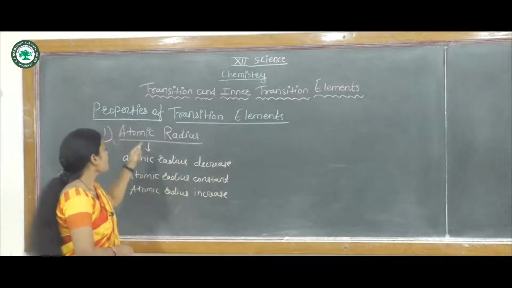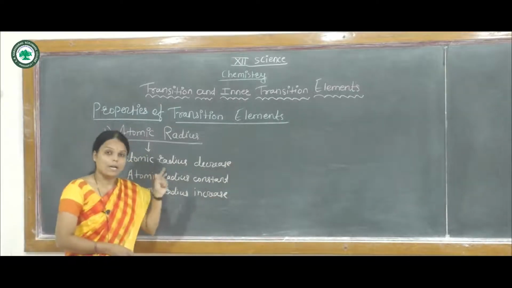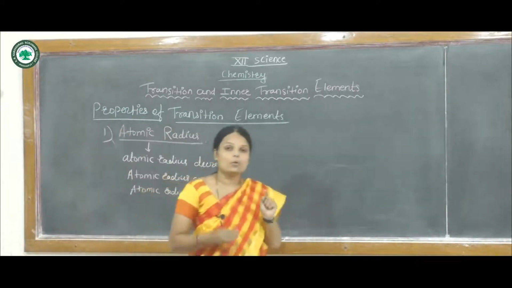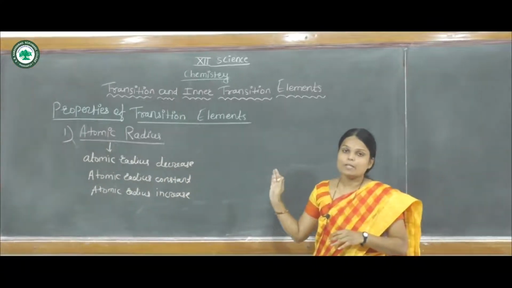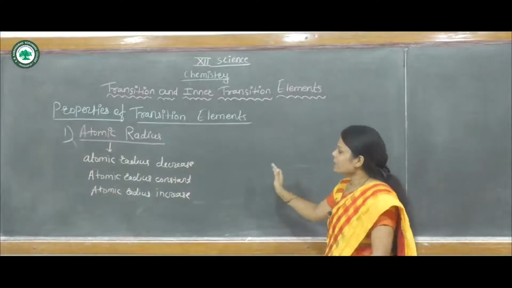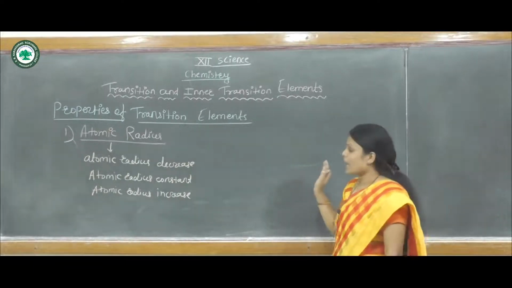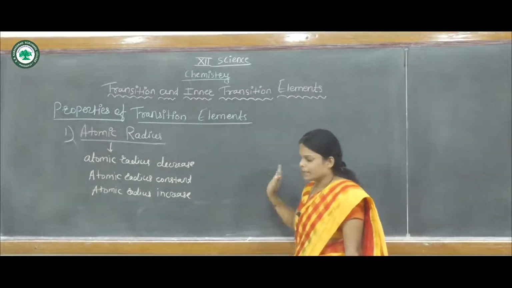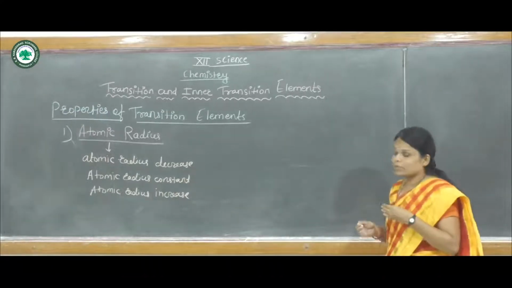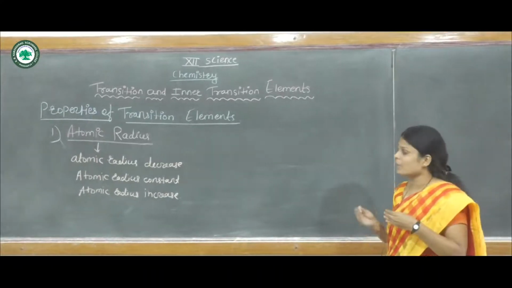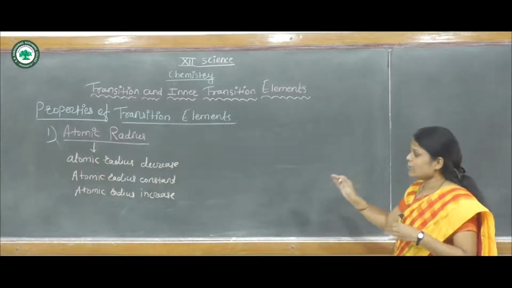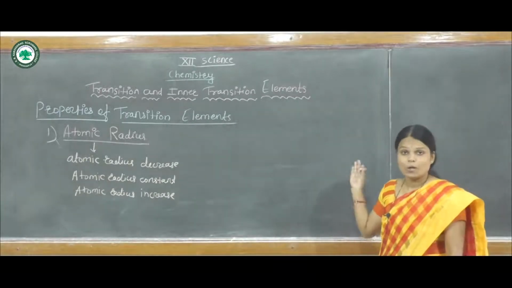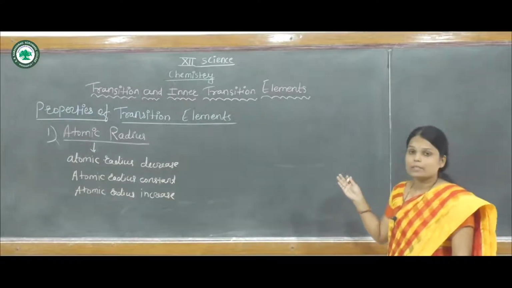The first property is the atomic radius. As we move from left to right of the transition elements in the periodic table, the atomic radius firstly decreases and nuclear charge increases. After the decrease, the atomic radius is constant.